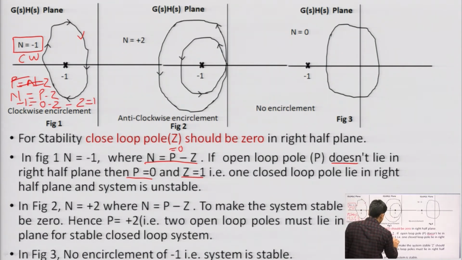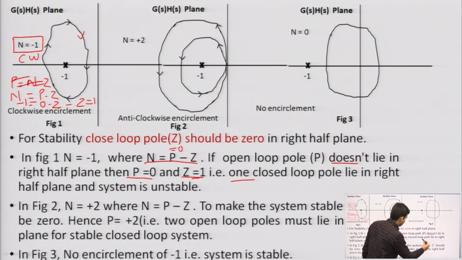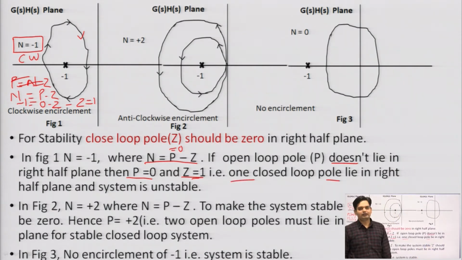So, Z is equal to 1, calculated from N equal to P minus Z. It means one closed loop pole lies in the right half plane.